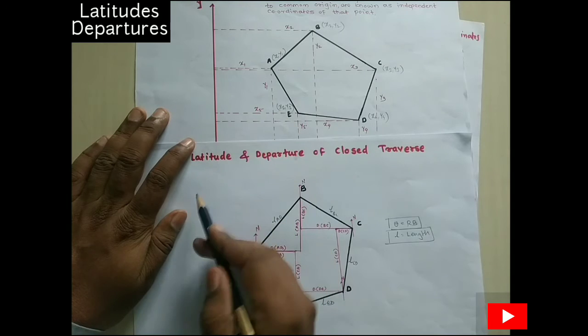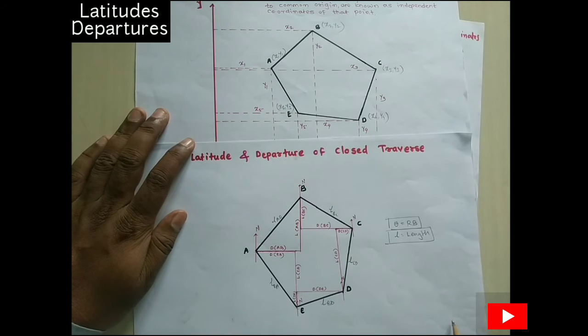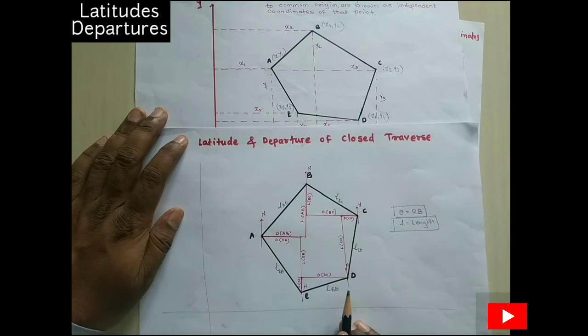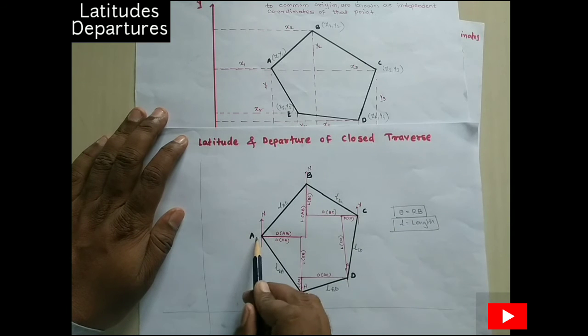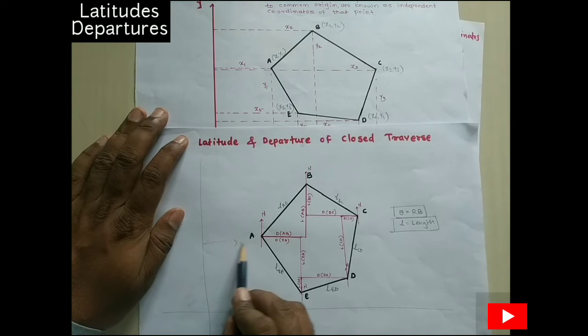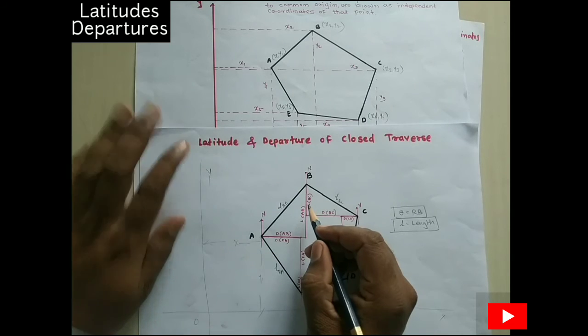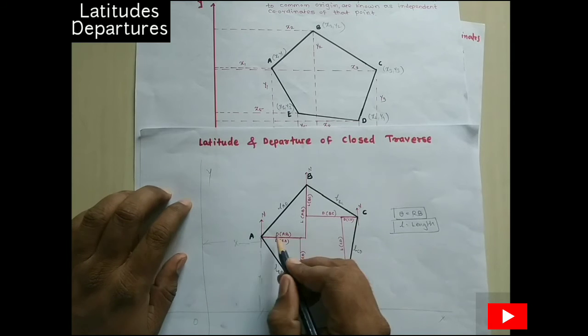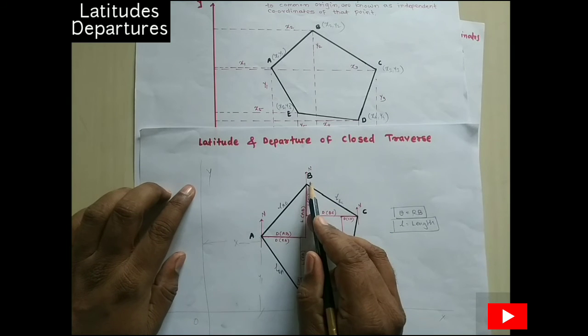If we consider the y axis and x axis, then here I will draw the y and x axis. So I can consider the coordinate of A as x1 and y1. Now with the help of this x1, y1 and all the latitudes, I will find the coordinates of B.